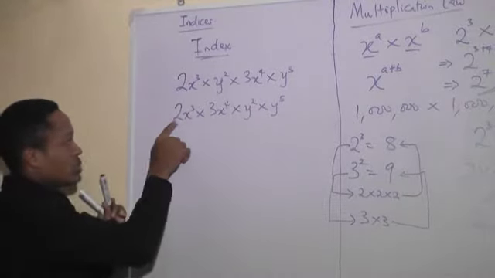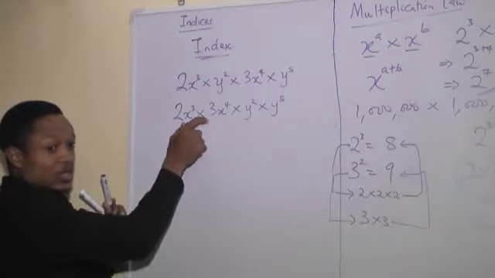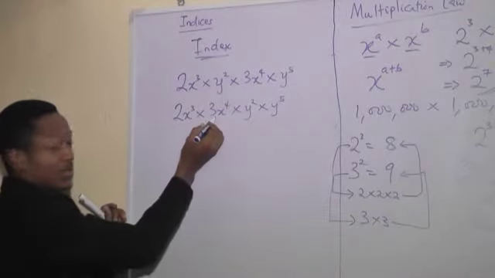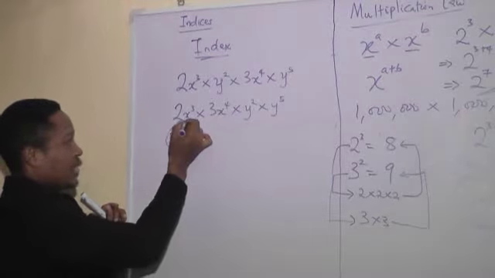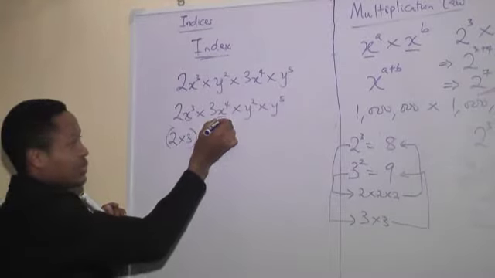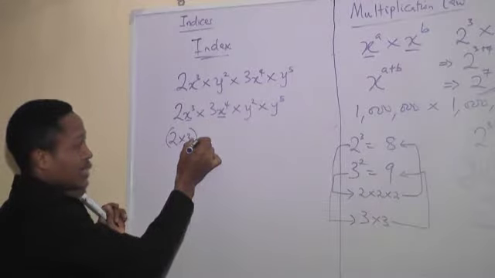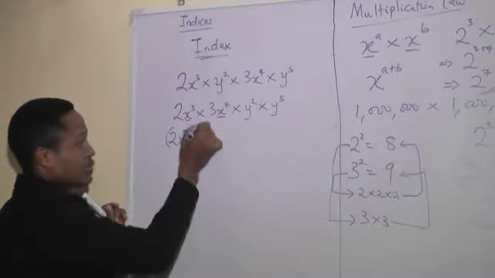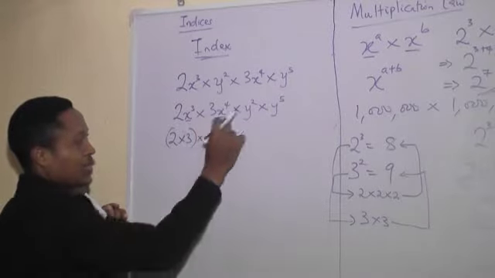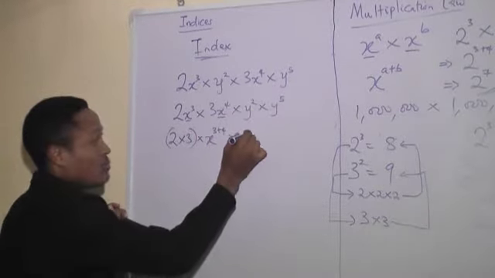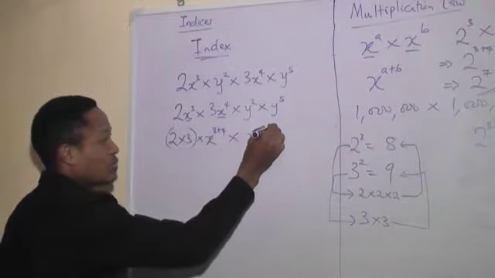These 2 and 3 are not the same, so I can write 2 times 3. And my x here and x here are the same, so I write times x raised to the power of what? We add the powers, 3 plus 4. Times, here the bases are the same, y raised to the power of 2 plus 5.